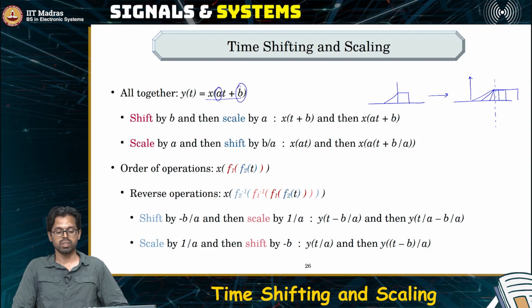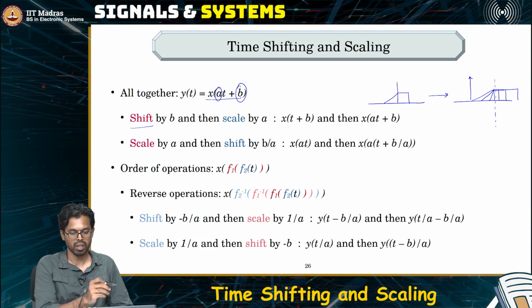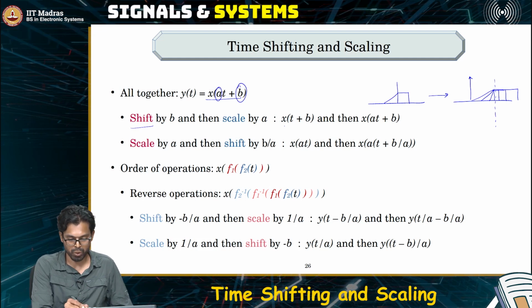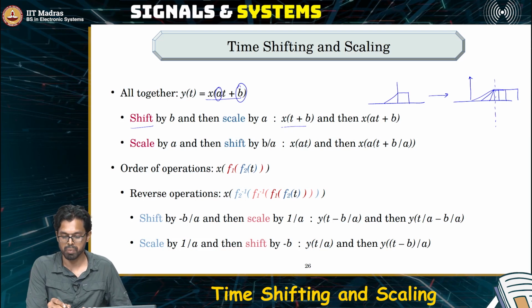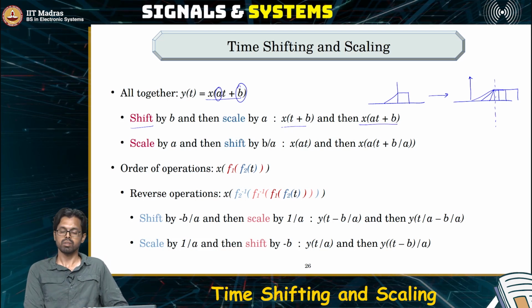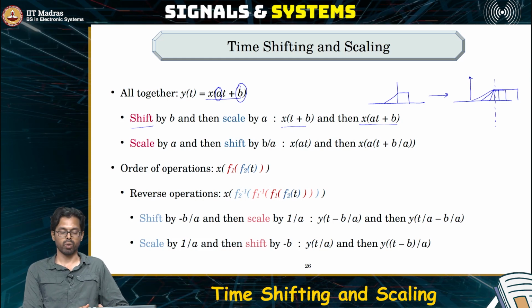So this is easier. The first operation would be to compute this, and then the second operation would be to just scale the time factor. Or if you want to do the other way around, that is still okay.